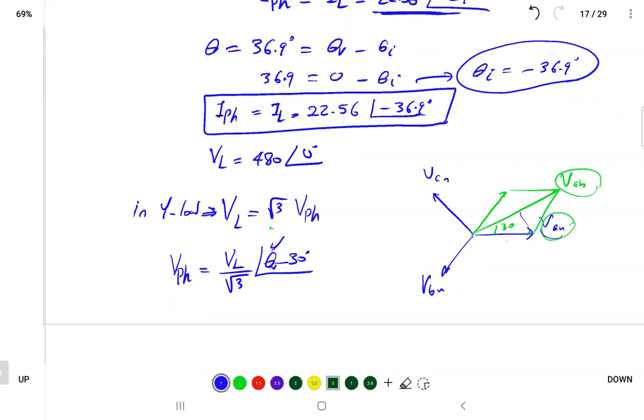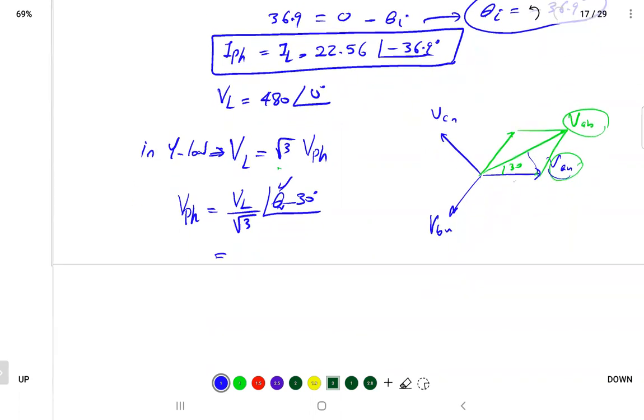We know that the theta of the line voltage was given as 0, which we chose as reference, right? Okay. So the phase voltage is 480 divided by square root of 3, and the angle is 0 minus 30.